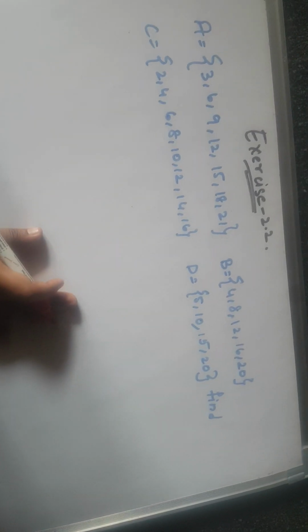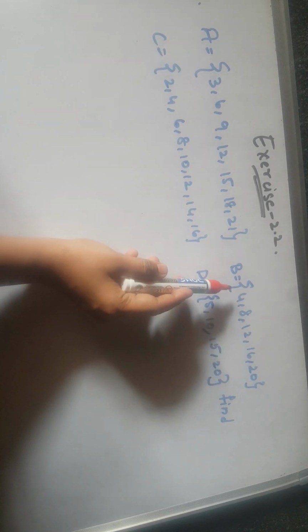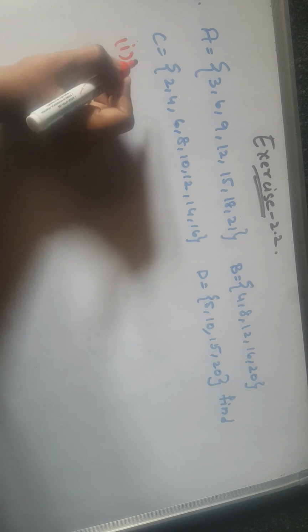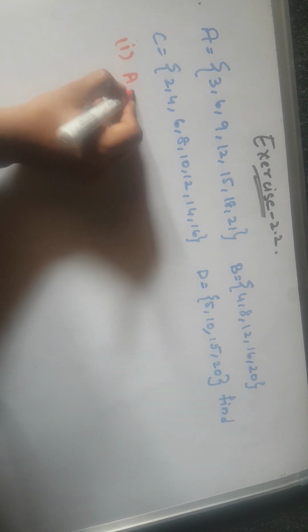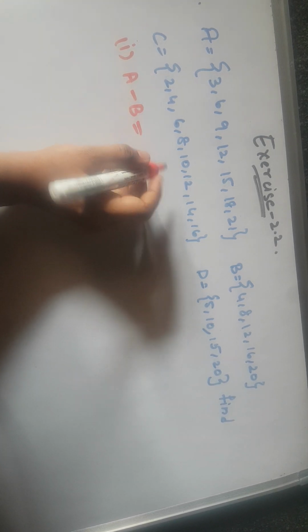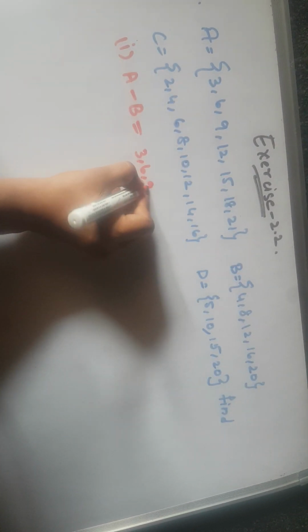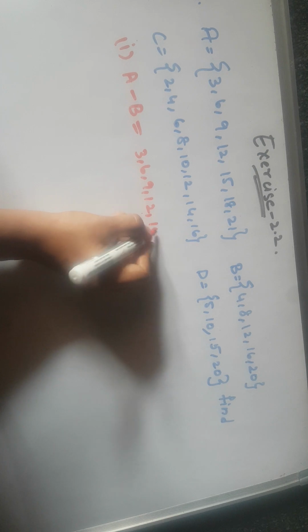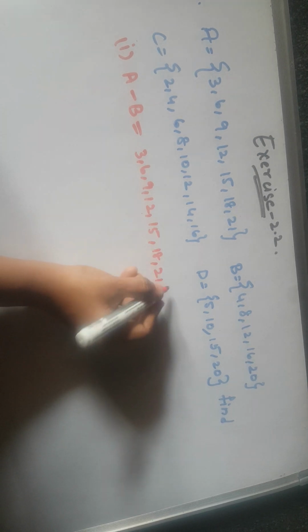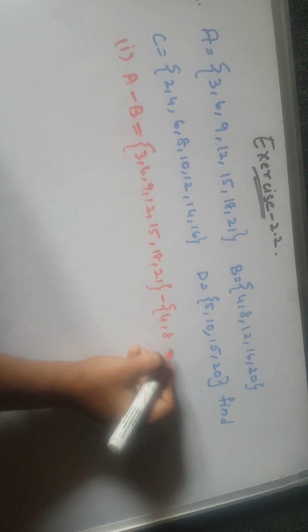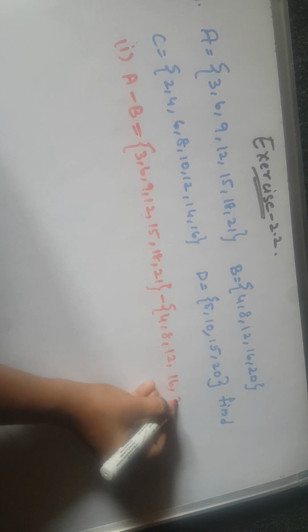Here also the values of A, B, C and D have been given, and now we have to find A minus B. What are the elements of A? 3, 6, 9, 12, 15, 18, 21. Minus what is the value of B? 4, 8, 12, 16, 20.